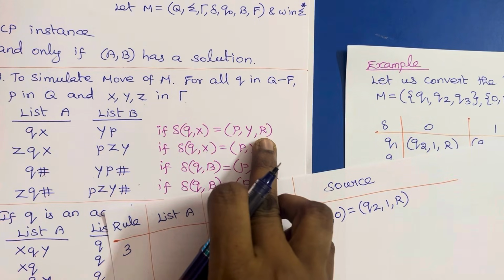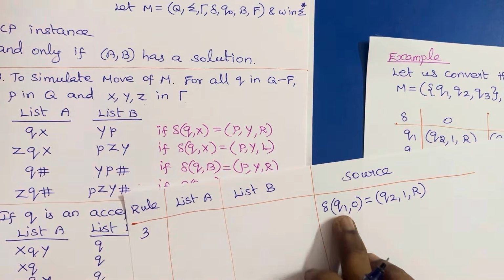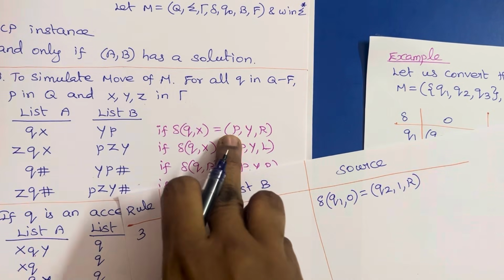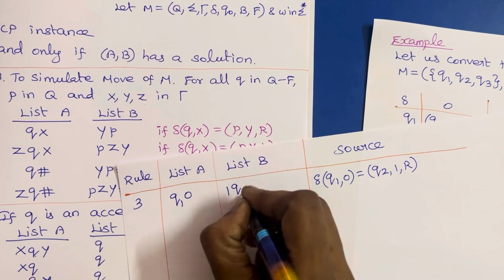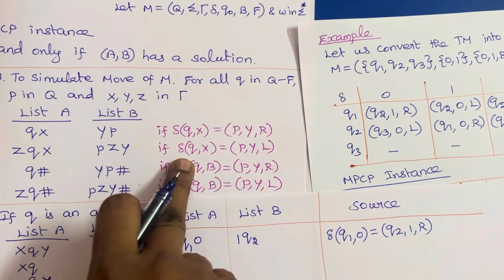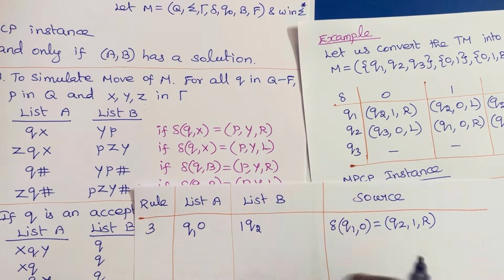Tape symbol and right move means first case. So we have to write qx in list A. So q1 0. And here we need to write yp. yp means here 1 and q2. Similarly, for each and every transition rule, we need to refer to the cases and we have to write the rules for list A and list B.